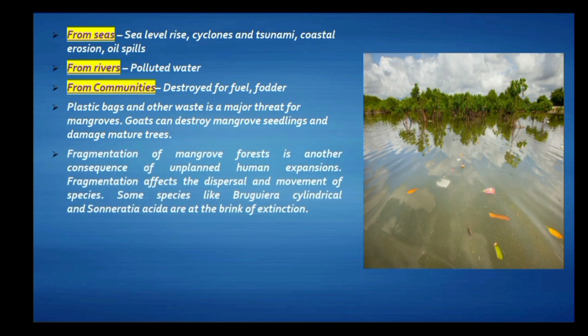Fragmentation of mangrove forests is another consequence of unplanned human expansion. Fragmentation affects the dispersal and movement of species. Some species like Bruguiera cylindrica and Sonneratia acida are on the brink of extinction.